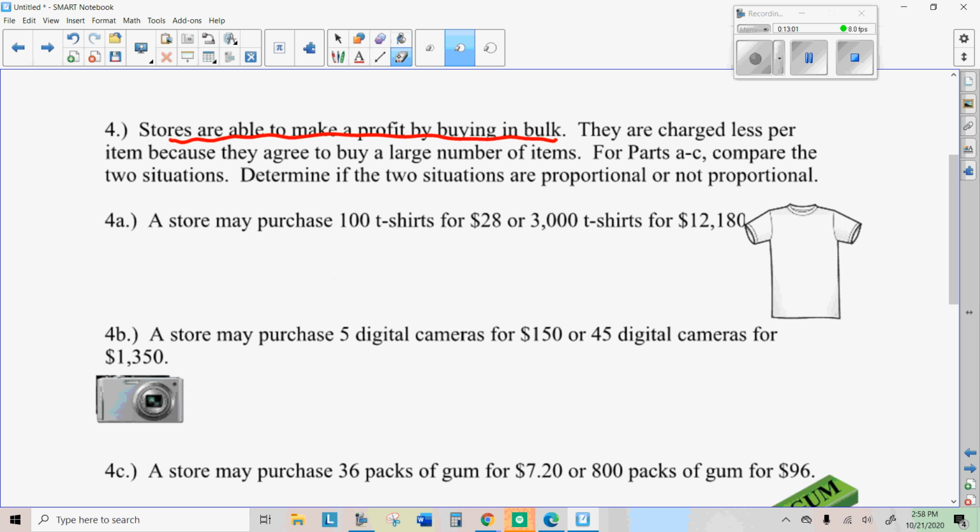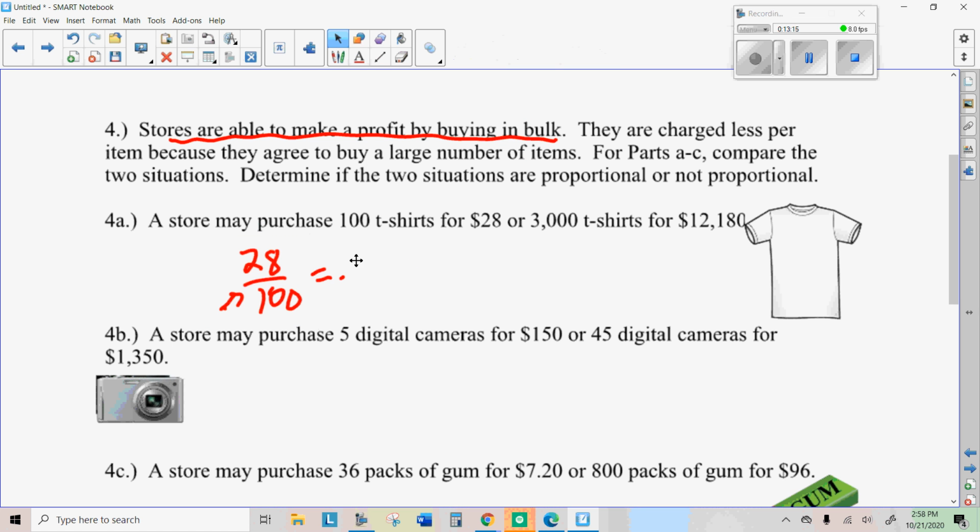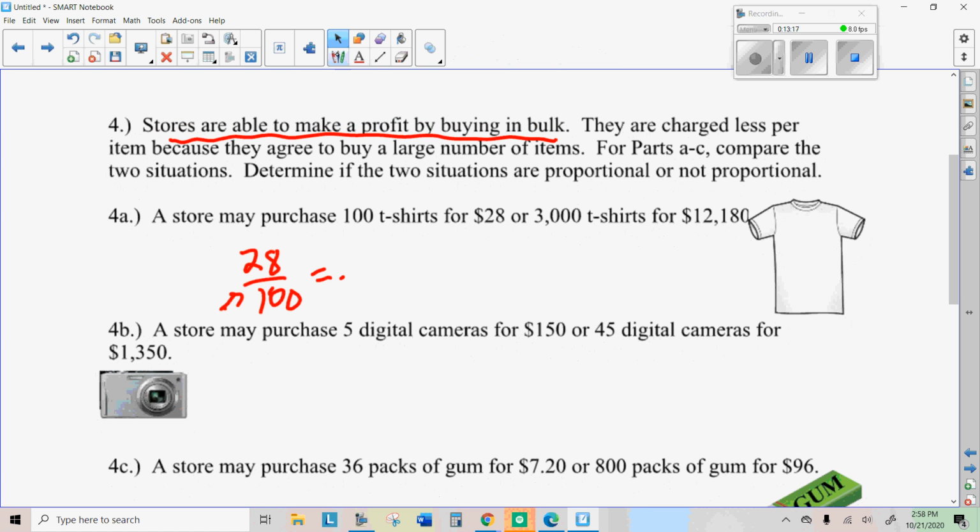So let's do that here. So $28 divided by 100. So remember, this is a divide sign, equals 0.28. And then I'm going to do my 3,000 t-shirts, $1,280.